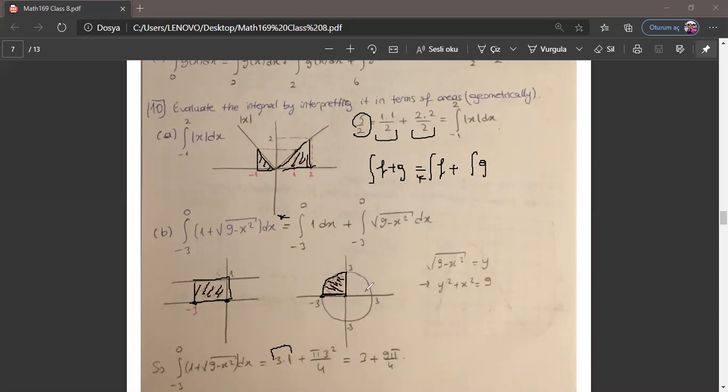So the area of this is 3 squared times pi, and we have this part only. We divide it by 4 and get this part. So finally we have 3 plus this, 9 pi over 4.